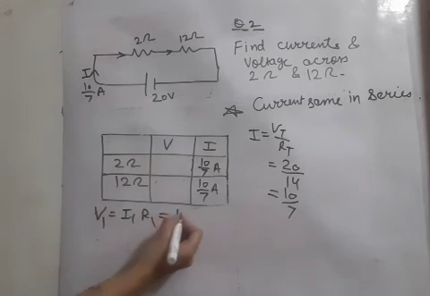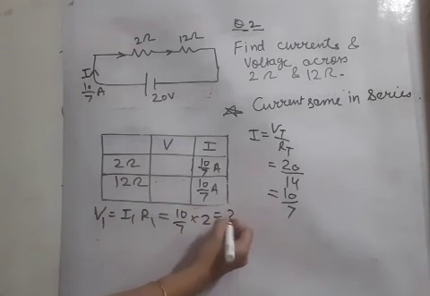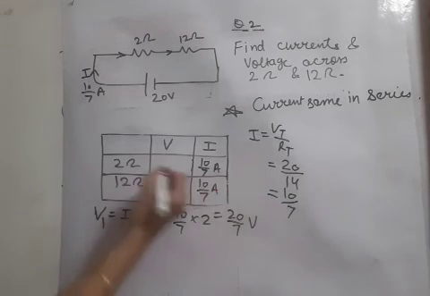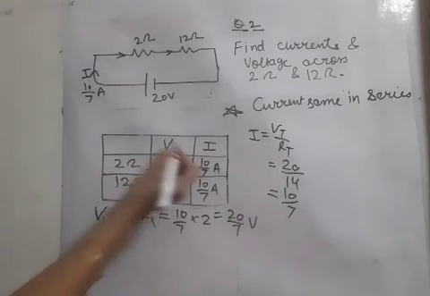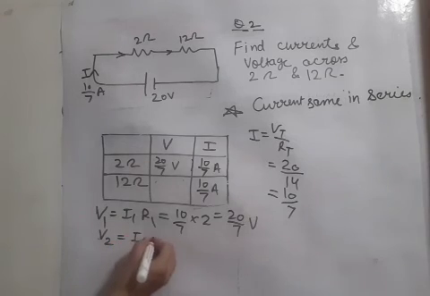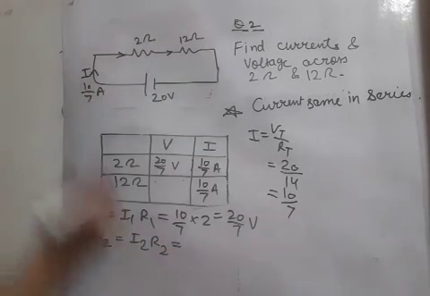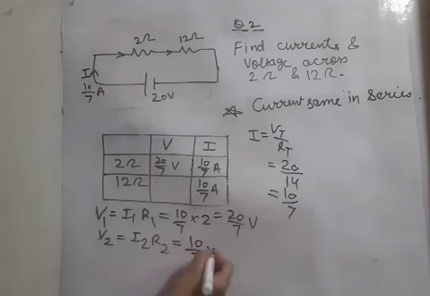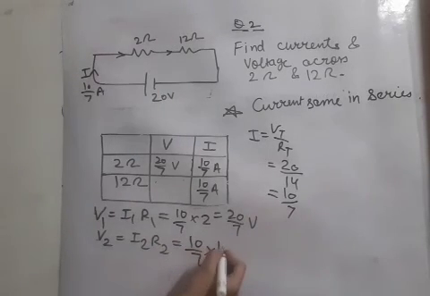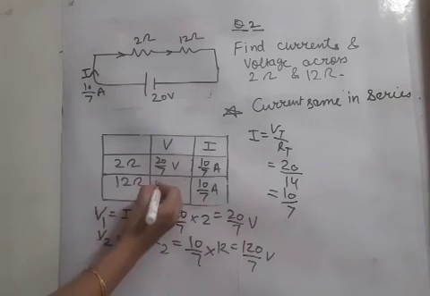It is 10 by 7 and the resistance is 2. So the answer is 20 by 7 volt. What is voltage second? V2 equals I2 R2. For the second resistor, current is 10 by 7 and resistance is 12. So it will become 120 by 7 volt.